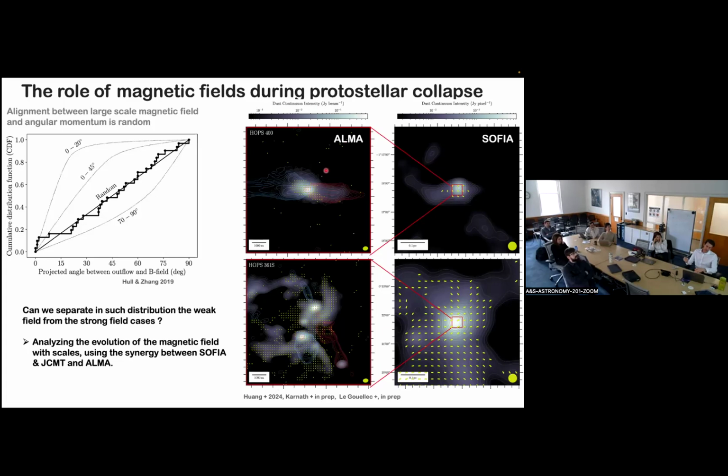Here you have an example of two cores falling into this dichotomy: a case where the collapse is symmetric and isolated, and the magnetic field lines are conserved through scales, and another where you form a cluster of cores. Your B field lines are much more disorganized.